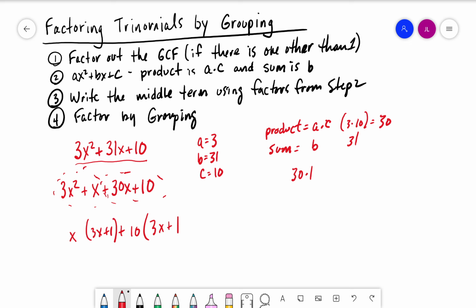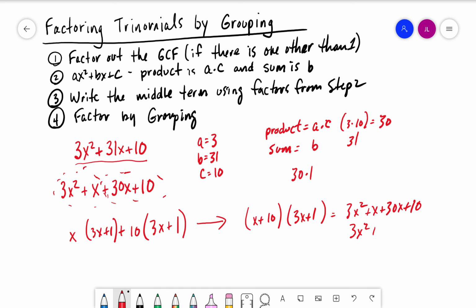So we have two binomials with the same term, so this factors to x plus 10 times 3x plus 1. If we want to check it, we multiply and get 3x² plus x plus 30x plus 10, and combining terms, that's 3x² plus 31x plus 10.